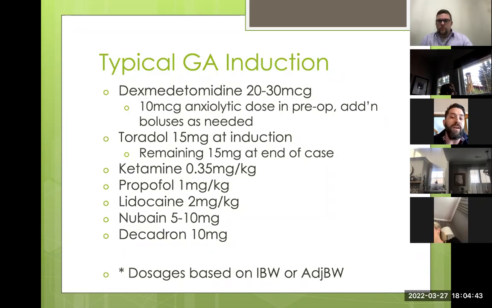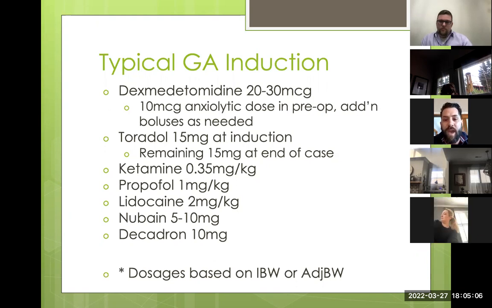If you give a big dose of propofol, 150, 200, and you give them dexmedetomidine and ketamine, you're going to be resuscitating that patient at the beginning of the case. You're going to have very soft BPs. So use a lower dose of propofol than what you're used to, but once that lash reflex is gone, your patient's asleep.